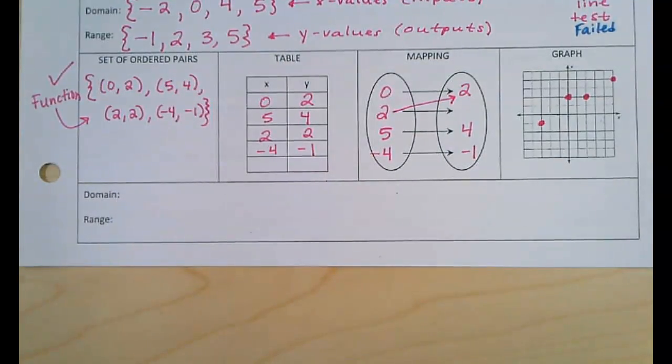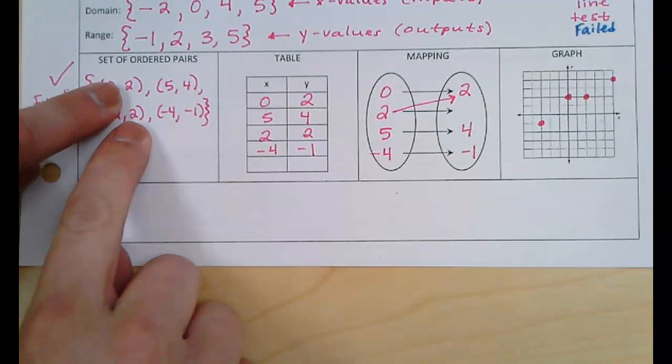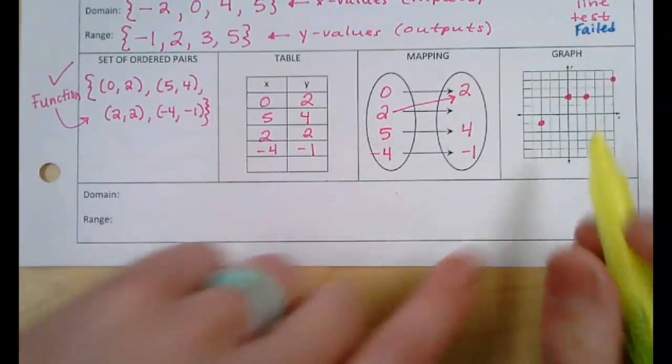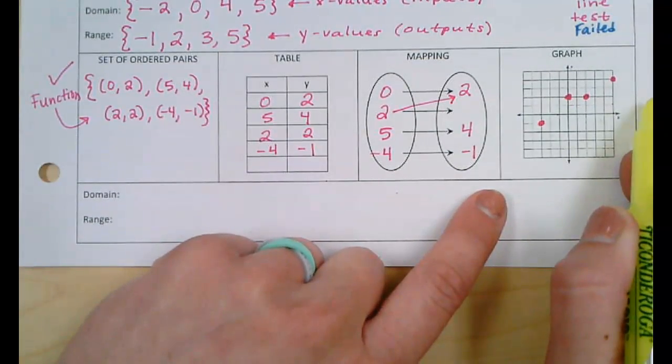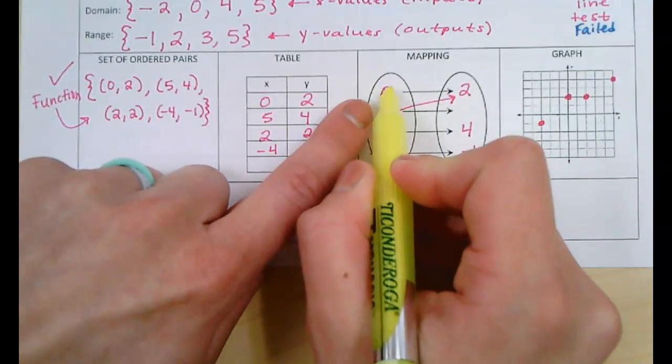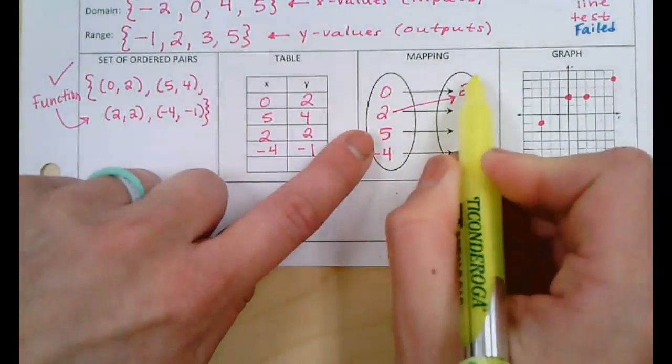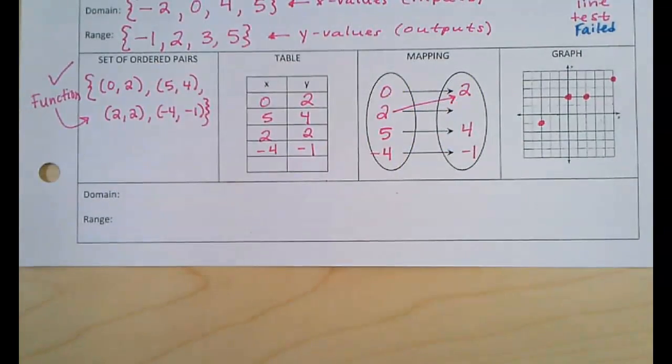You can have the same output for different inputs, and that is still considered a function. As long as it passes the vertical line test, you don't have a mapping like 0 mapped out to two different numbers. The 2 can take on two different inputs, and that's still okay for a function.